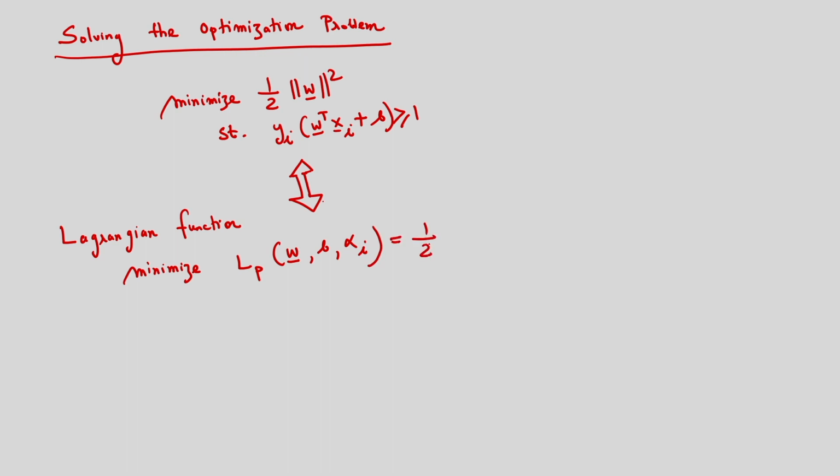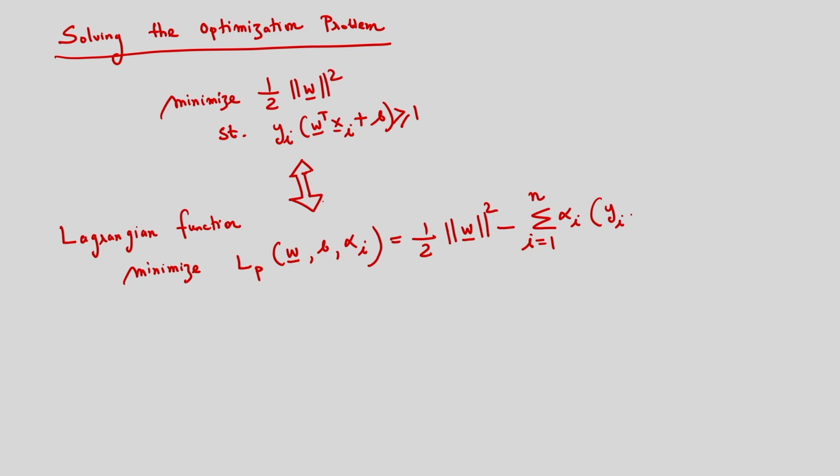So it is 1 by 2 W norm square minus summation from I is equal to 1 to n. We considered n number of samples. Alpha I is the Lagrangian multiplier. So you have to see the mathematics book: what is the technique for solution of the optimization problem?